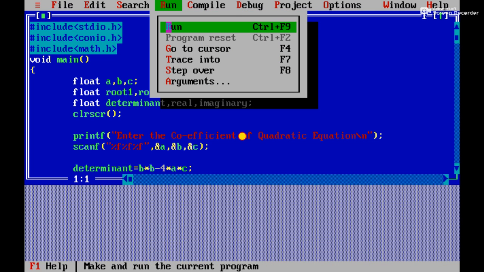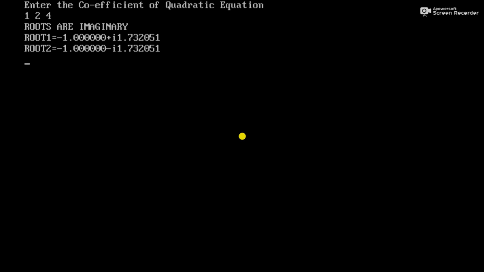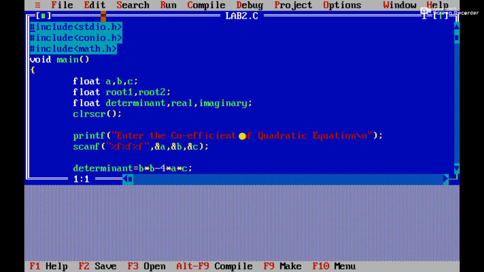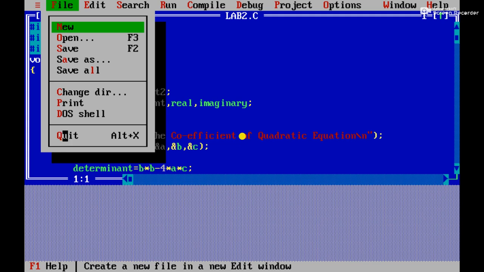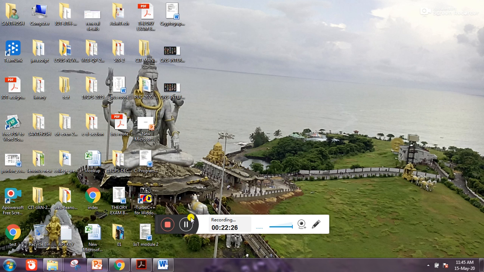Now I run, and I give input 1, 2, 4. Now the roots are complex and imaginary: first we get the real values and then the imaginary values. I hope you all understand this program. Try to execute this program and get the outputs. Thank you. In the next video I will explain the third lab program.